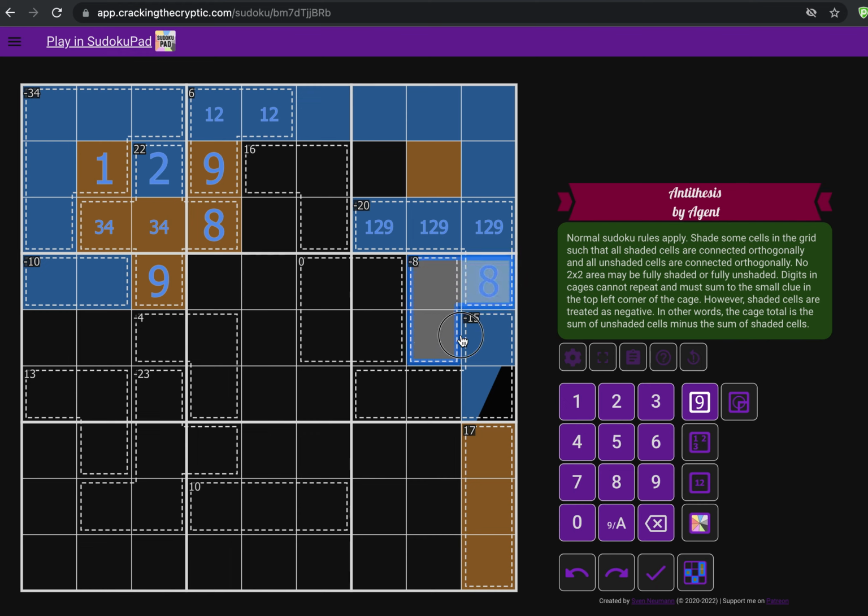This box here can't be 4 blues, so this -8 must be a hot and a cold, and the only one that's going to work is -9 and +1 to give -8. So -9 and +1.